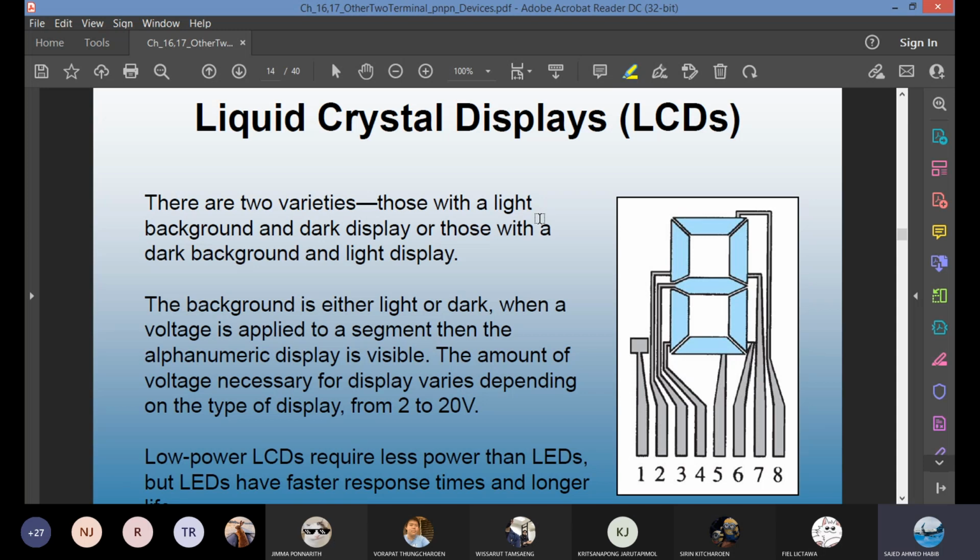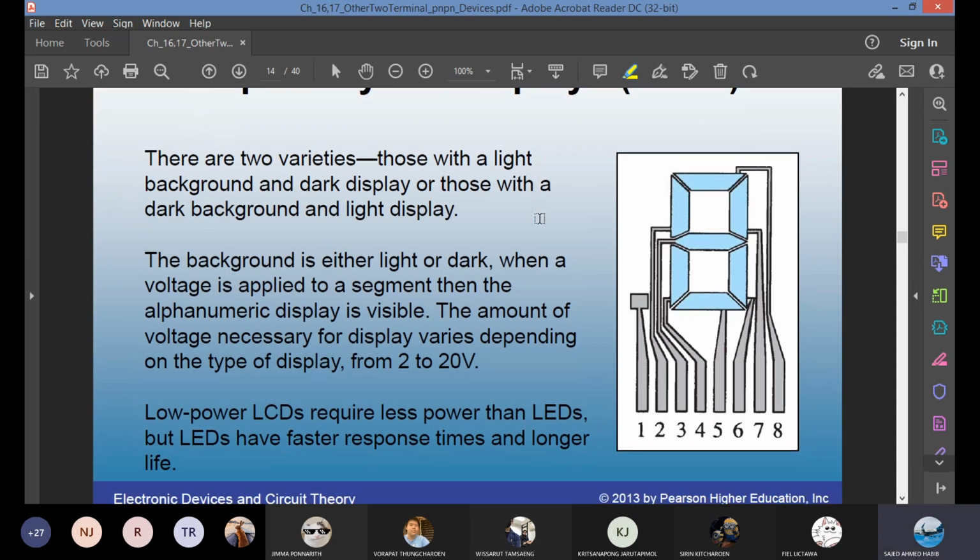But if you compare which one is faster, LED response time is much faster than the liquid crystal display. Also, LEDs, comparatively, have longer life. We don't expect LED lights to break down or malfunction very soon. What is the amount of power if you want to compare?